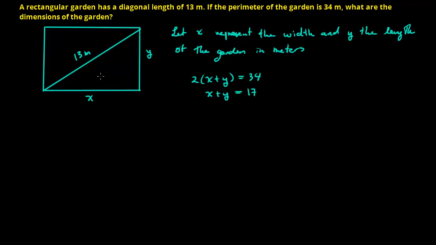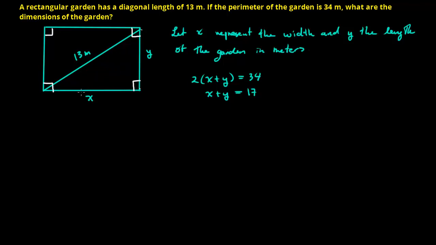Now I also know that this figure is a rectangle. That means that all of the interior angles are 90 degrees. So that angle, this angle, and this angle are 90 degrees. Now, if I take this point and this point, I have a triangle.